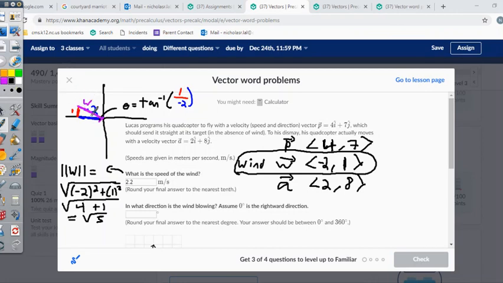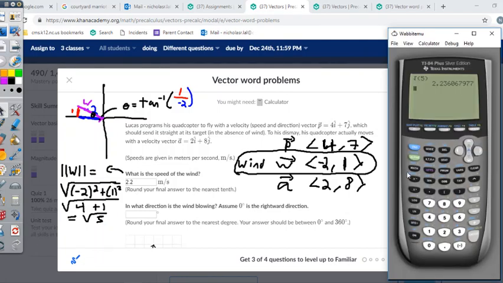So find theta, right, the inverse tangent of our opposite 1 over adjacent -2. So I find, with my calculator, the inverse tangent in degree mode.